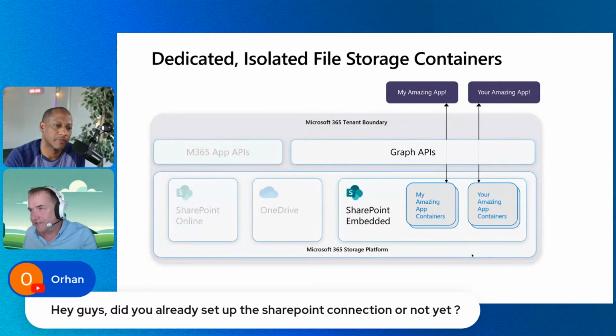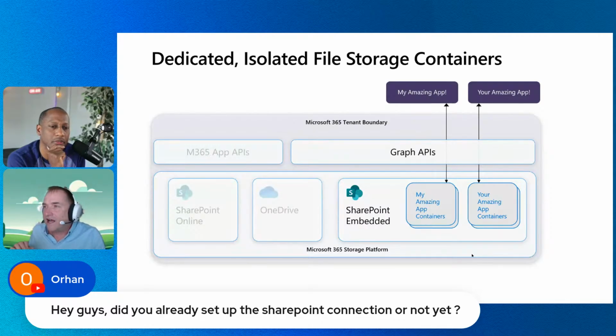It's an Azure service, so you do a lot of stuff in Azure, and then a couple of things in M365. But very importantly, all of your files and documents are stored in a dedicated partition that's logically isolated from SharePoint Online. We end up with these things called file storage containers.